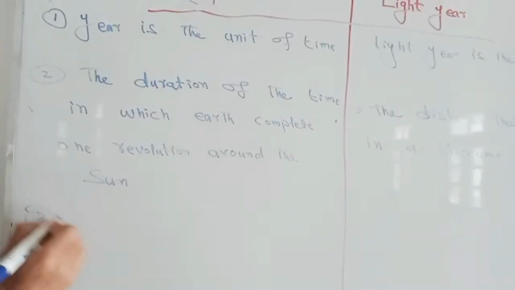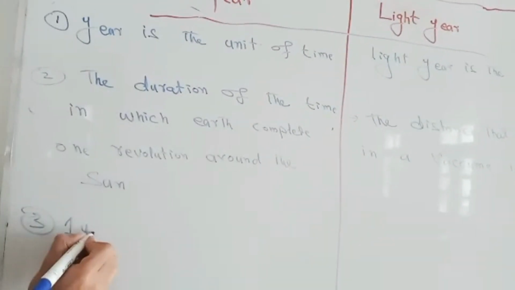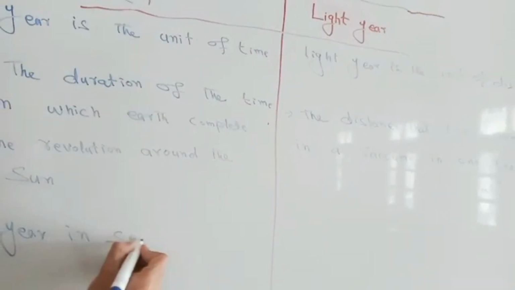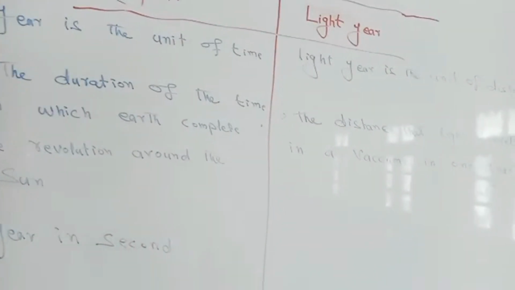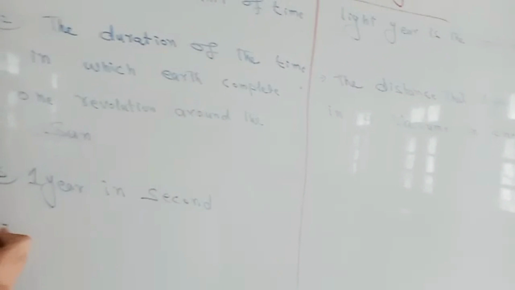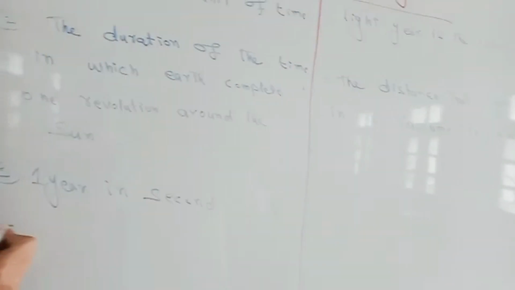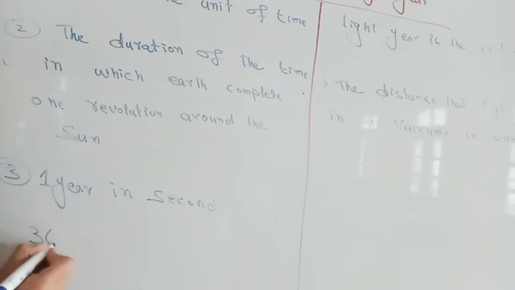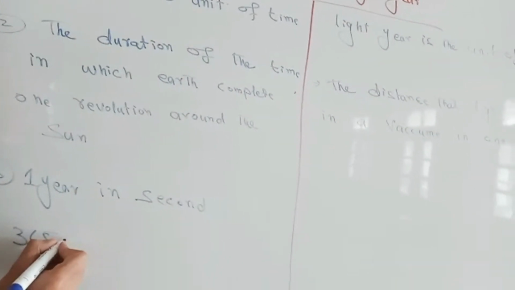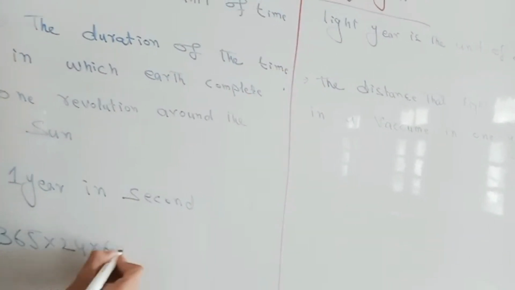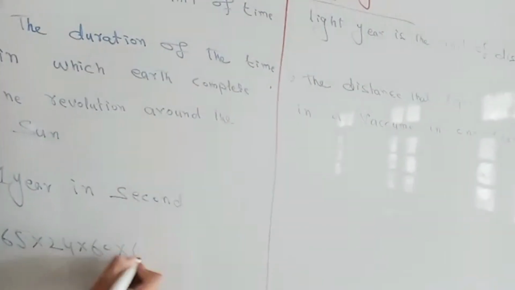Number 3, 1 year in seconds. We know that there are 365 days in the year, and 24 hours, 60 minutes and 60 seconds.